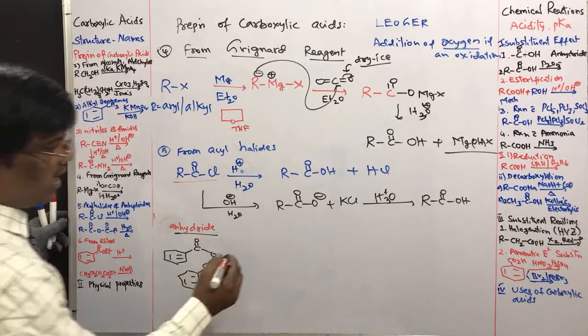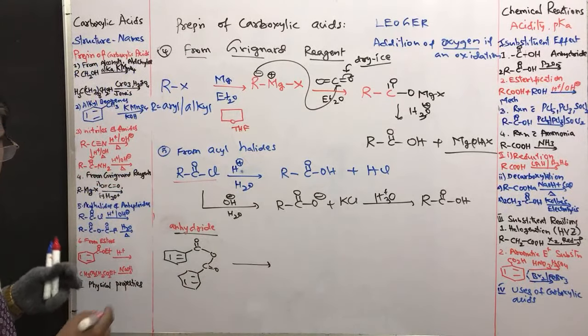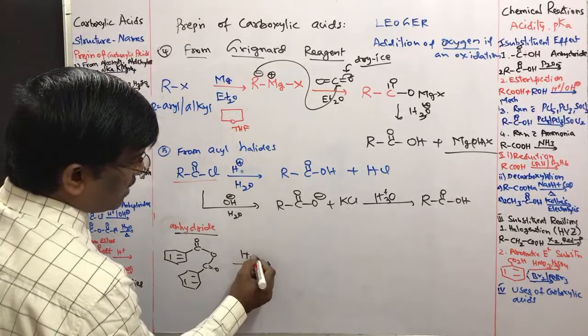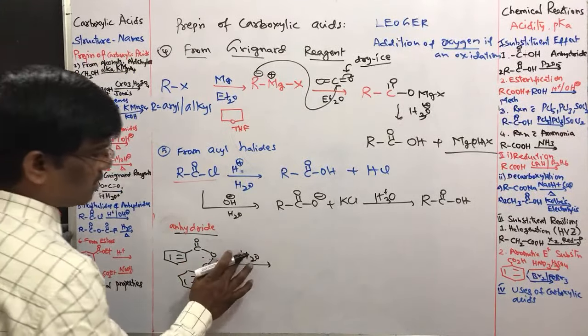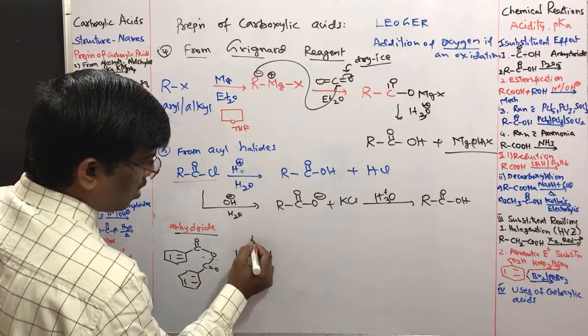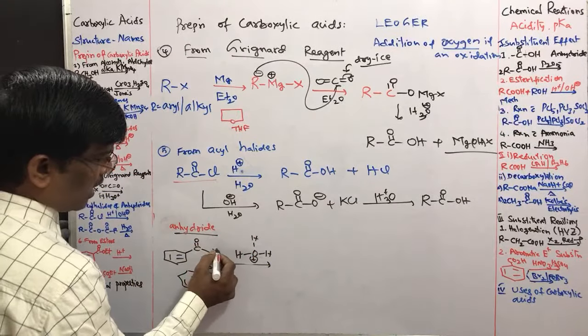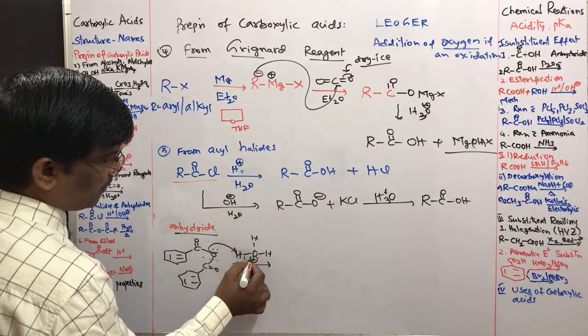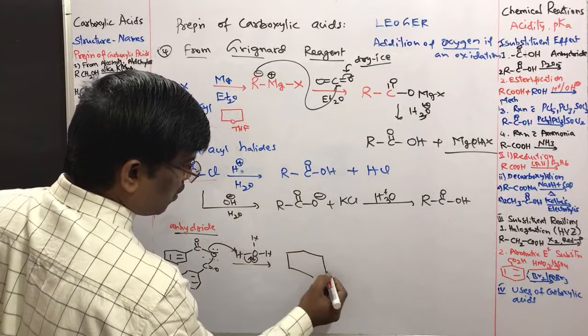Right? So when I do the hydrolysis in presence of water, acid or base, for example, acid plus H and OH, this is H plus and OH minus. It is going to take up this proton here and form two benzoic acids.